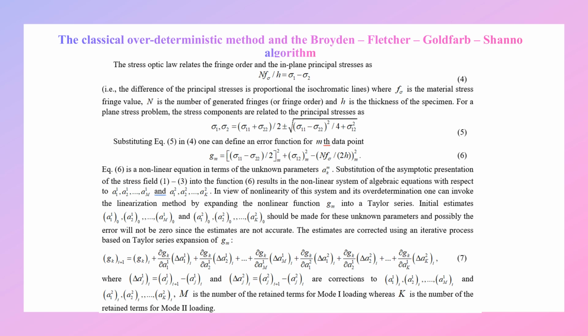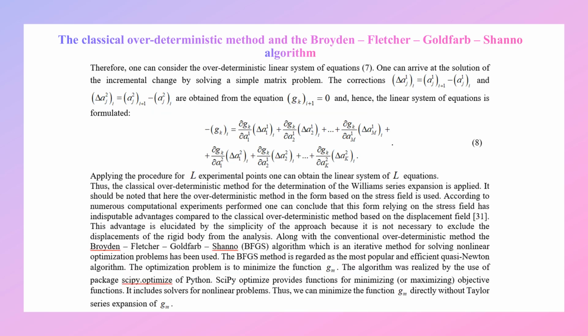Then the classical over-deterministic method and the Broyden-Fletcher-Goldfarb-Shanno algorithm are used. The classical over-deterministic method shown here is used in the form based on the stress field. And the Broyden-Fletcher-Goldfarb-Shanno algorithm is used to minimize the function.